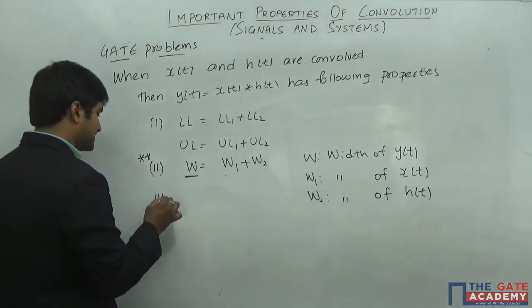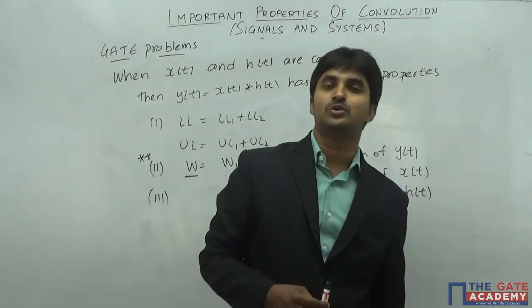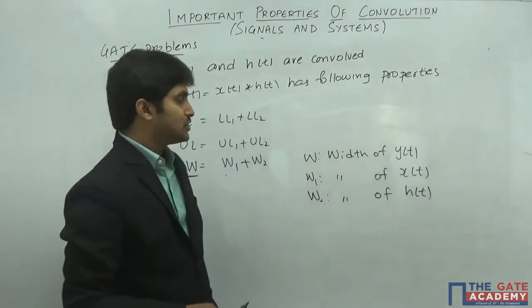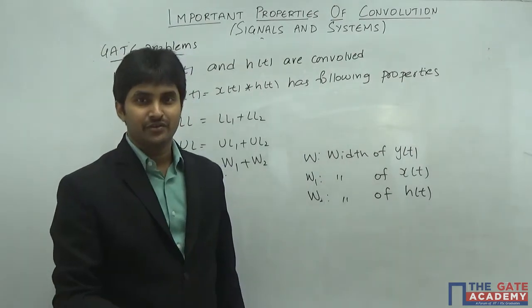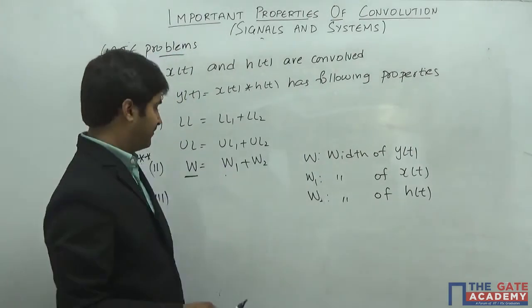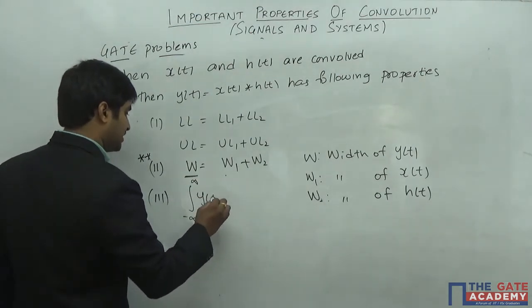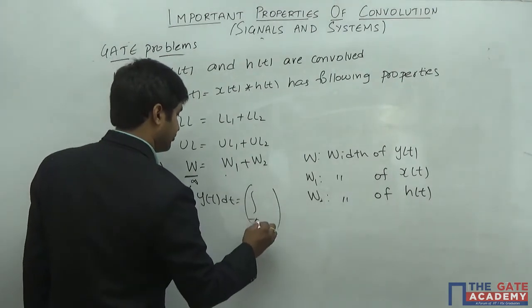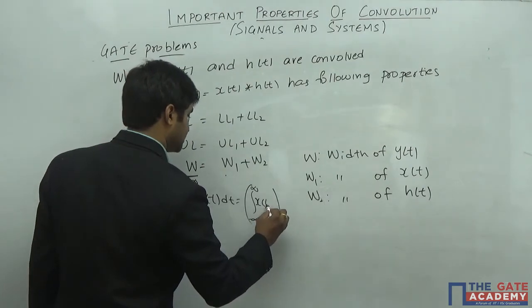And the last one is identical. There, what we have seen is that the sum of the samples of the output is equal to the product of the sum of the input samples. So here, instead of writing it as sum of samples, we use the integration. Integration is nothing but area. So the area or the integration of y of t is equal to the product of the integrations of the input signals.